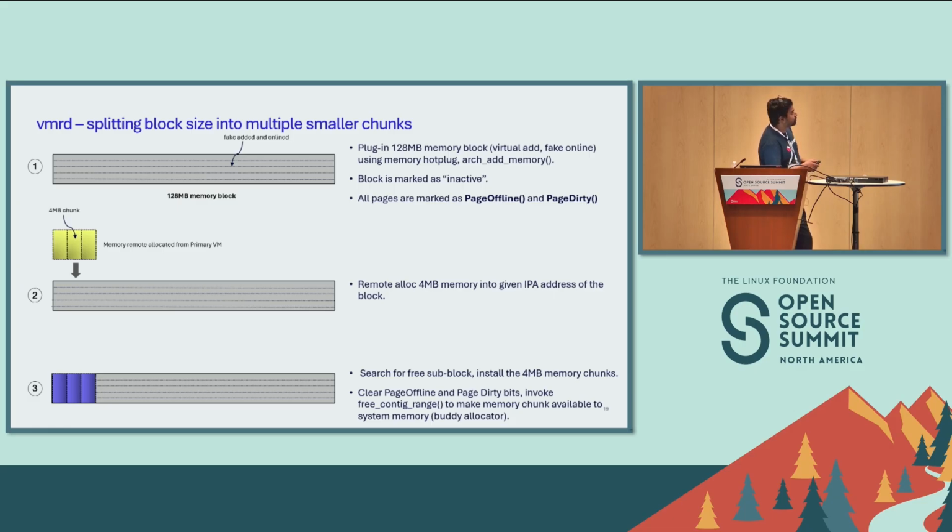And now, to make sure that this memory is available to the system, I install them in this virtual 128 MB block, and for all of the pages within this block, I clear the flags I mentioned before, page offline and page dirty. And then I call alloc contiguous range, from this start to this end, to make sure that this particular memory is now available to the system RAM.